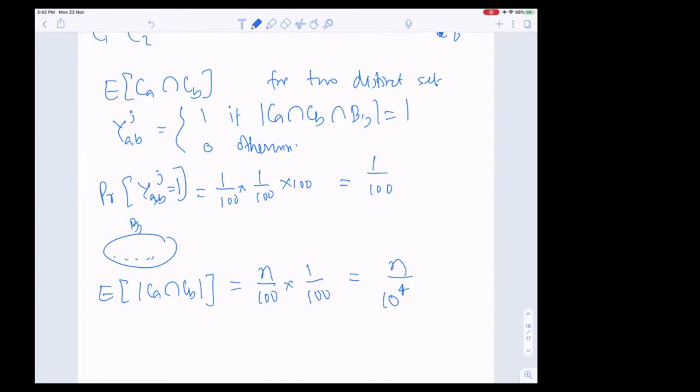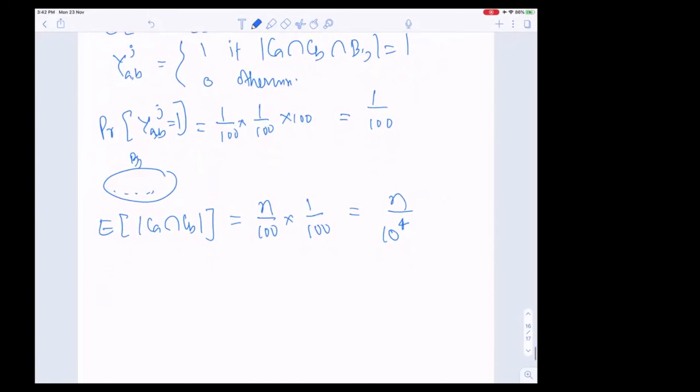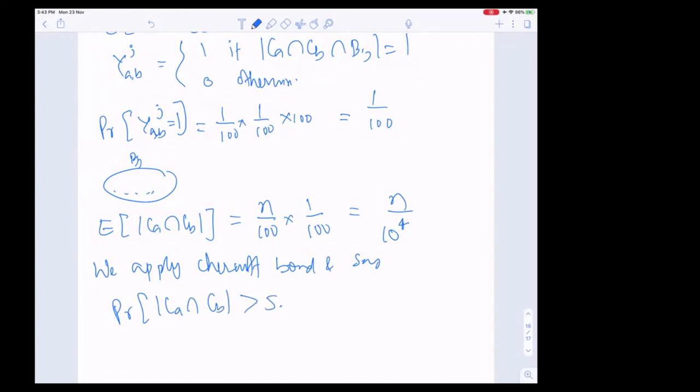So two sets intersect in n over 10 to the power 4 places. Now we apply the Chernoff bound: the probability that Ca intersection Cb is, say, 5 times more than the expectation, n over 10 to the power 4, is roughly e to the power minus Cn.